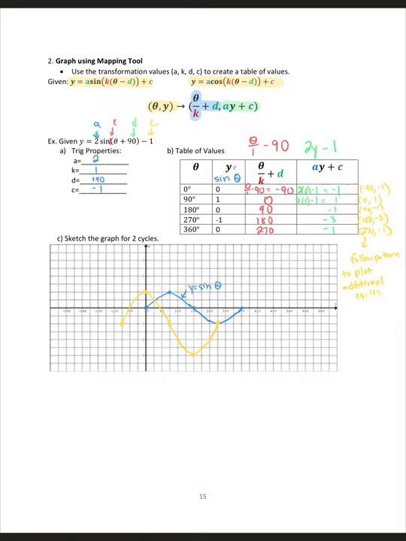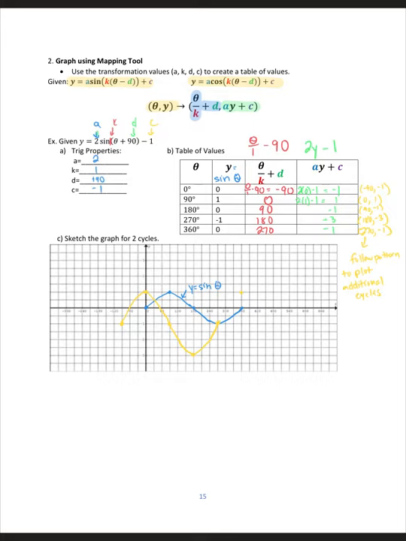If I was following this pattern, between my x values, I went from 180 to 270. So each point is going to go another 90 to the right. So I'm going to go back up to my maximum here. I'm going to have to go over 90, so that's going to put me at 360, and my maximum was at 1. If I go another 90 to the right, that would be 450, and it brings me back down to my axis.